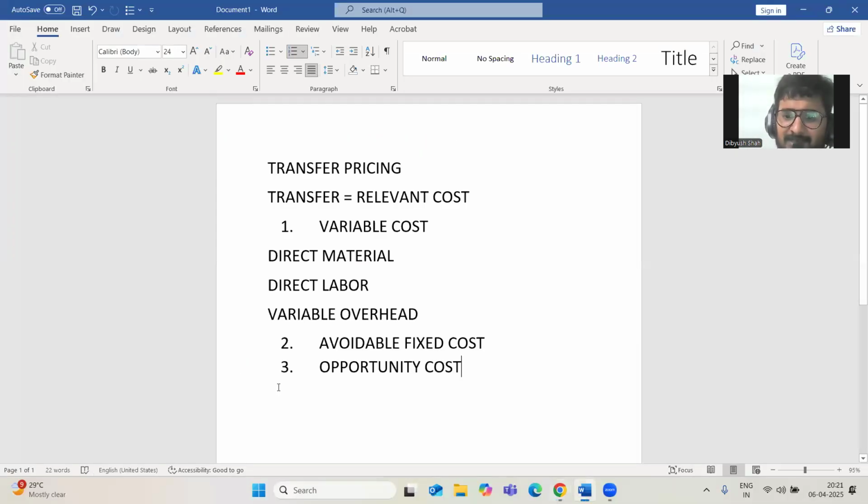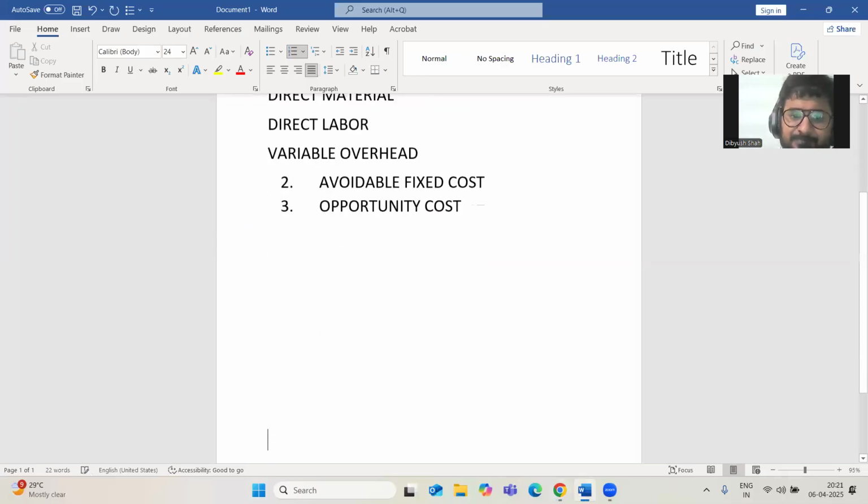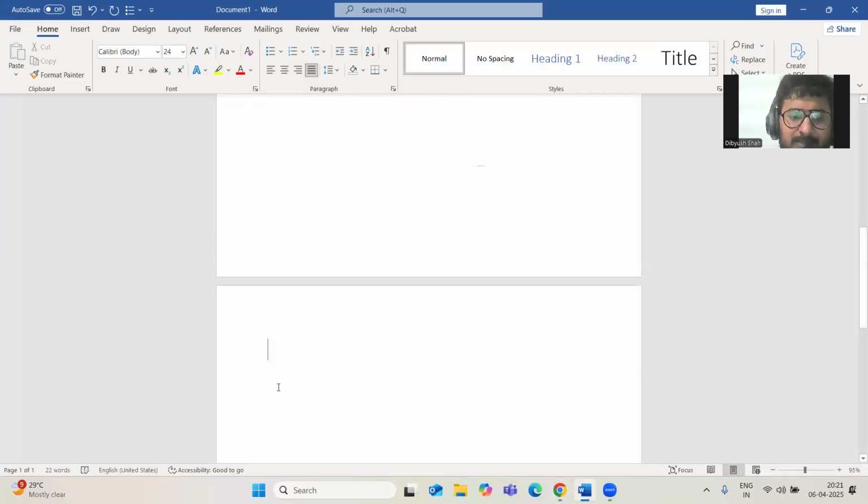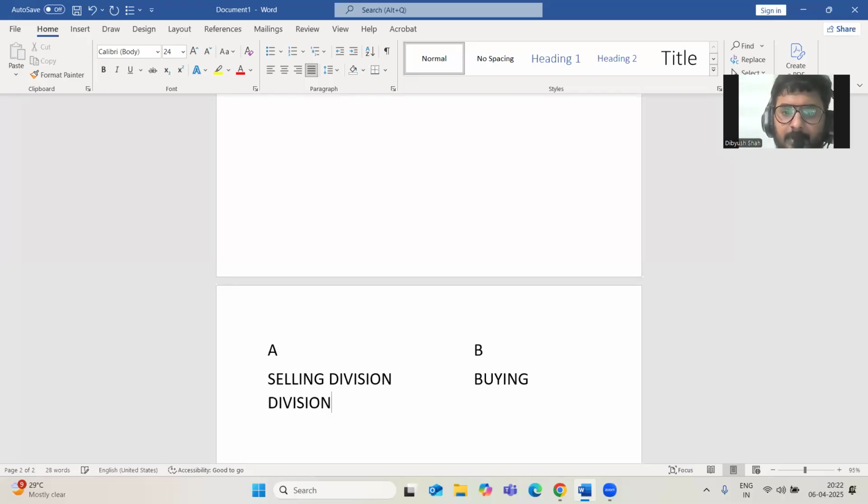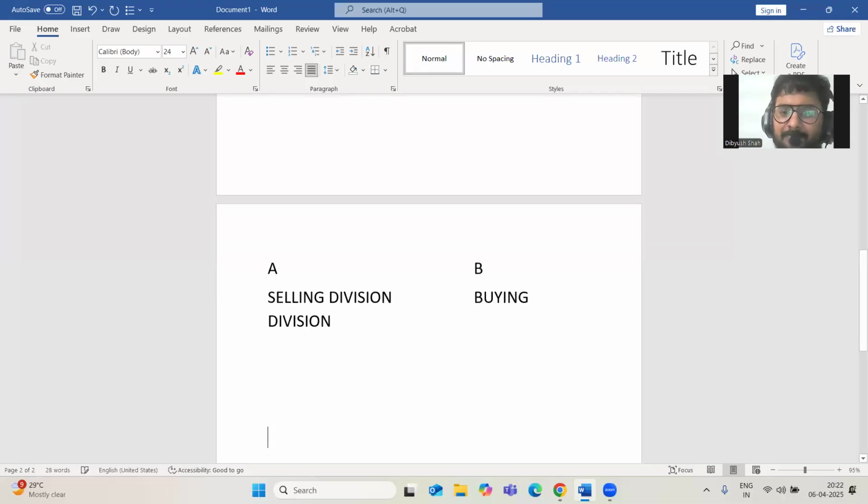So understand, let's say this is the situation. There is a selling division A, there is a buying division B. Now, selling division A has excess capacity.